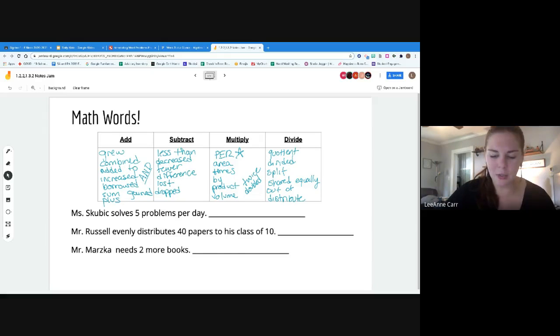And then the last category, I didn't have it written out here, but we have equals. There are just a few that I need us to be aware of for what would indicate equals. We could have is, that means equals. We could have totaled or totals.